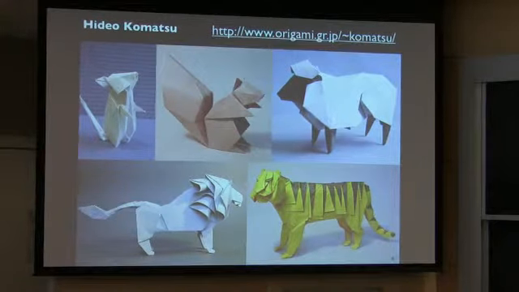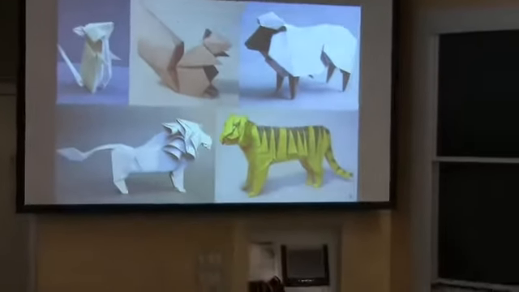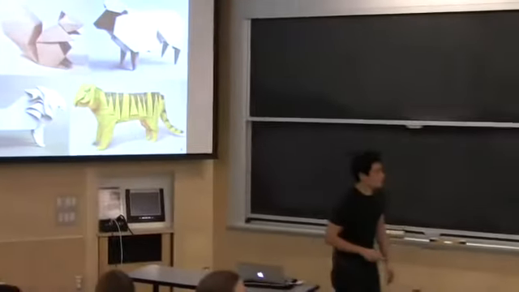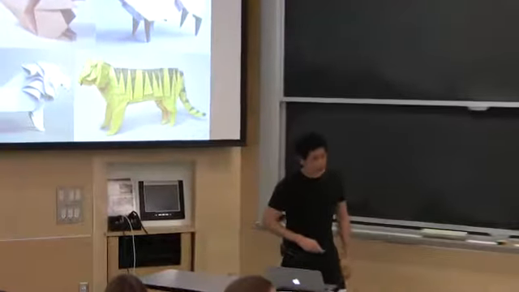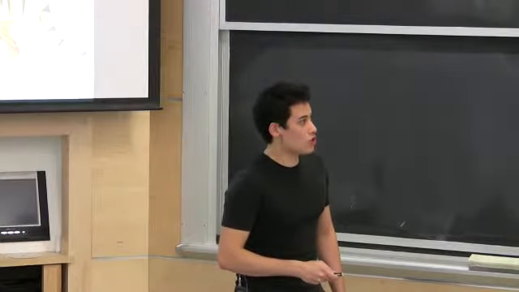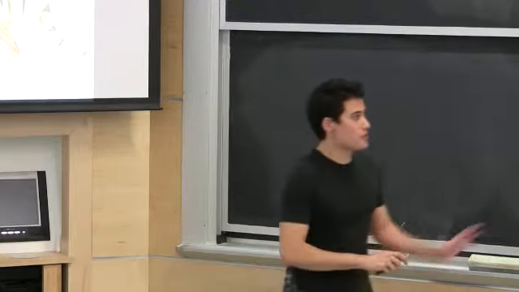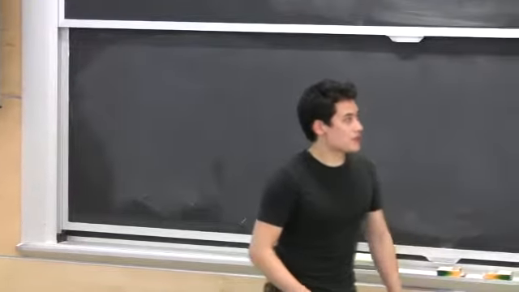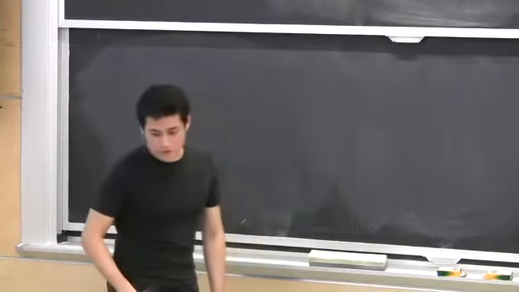While there are some curves here, everything is very well defined, maybe just this slight shaping here, but even that is fairly well defined. But you can see Komatsu, Haido Komatsu, a Japanese folder, uses really clean, large polygons of open paper without creases on them to represent polygons on the model, the folded form.